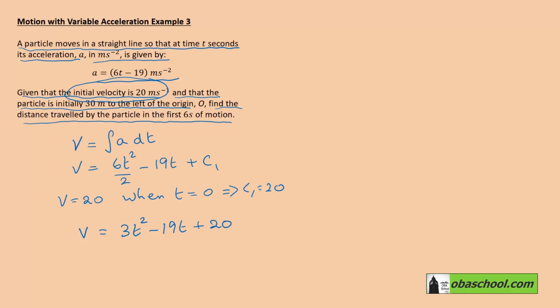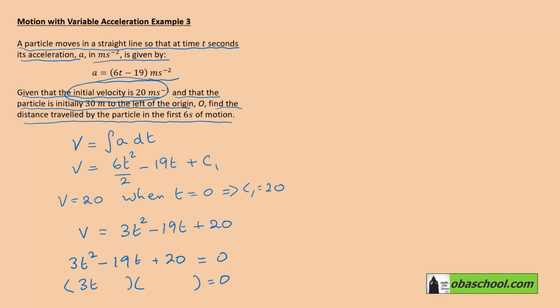Now if I want to work out the distance that this thing travels, I'm going to be interested in when the velocity is 0, because when it's 0, it might change direction. So 3t squared, take away 19t plus 20 is equal to 0. Can I factorize this?